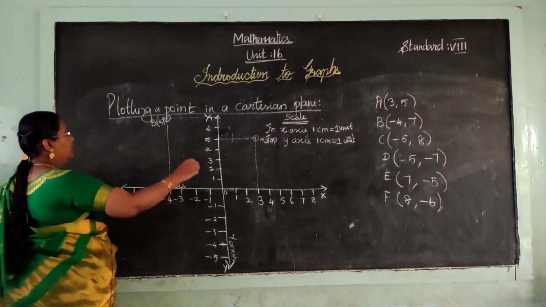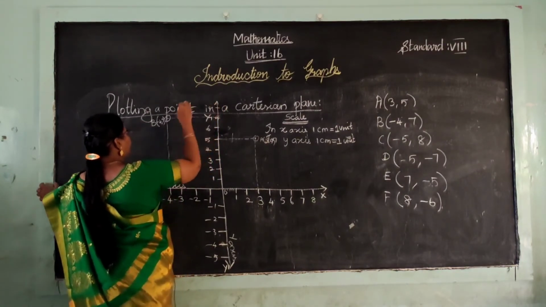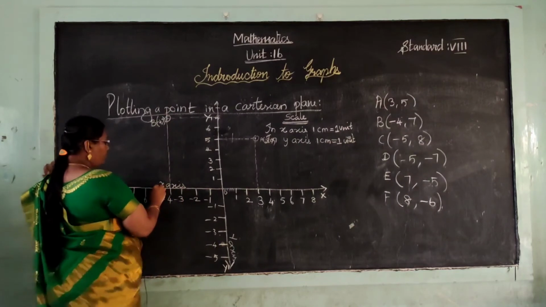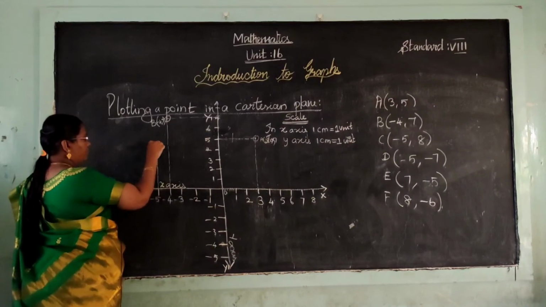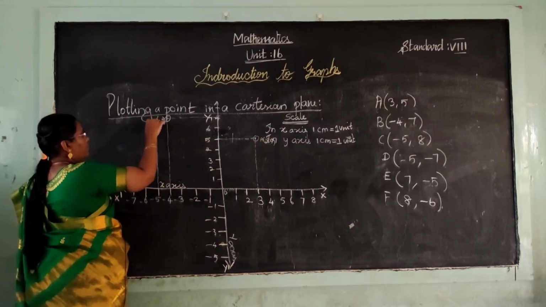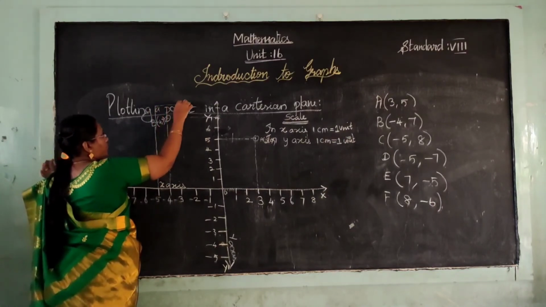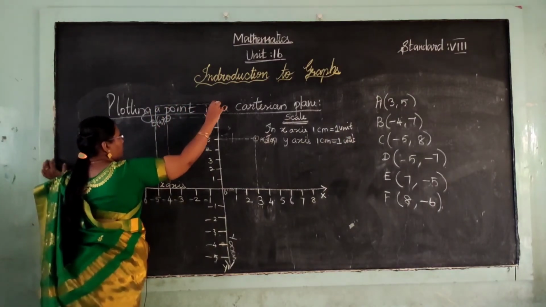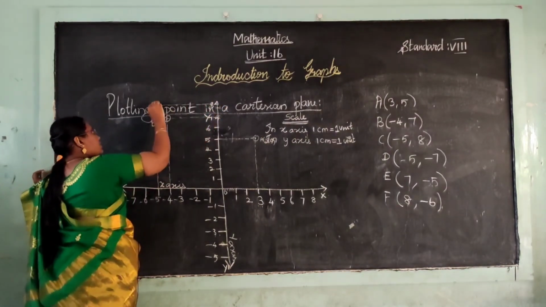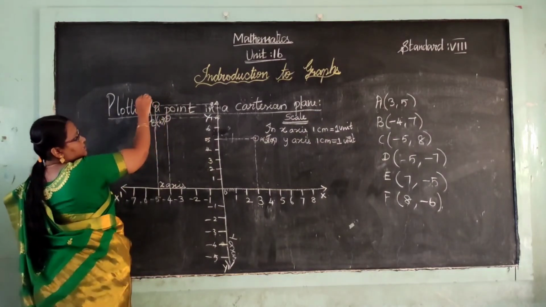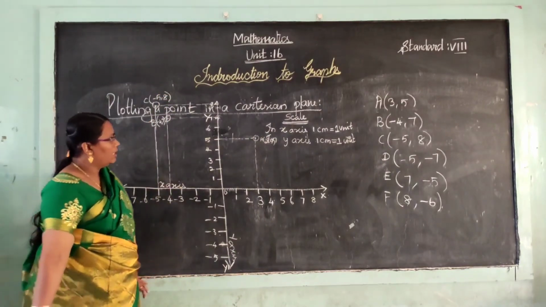So the point is plotted here in this place, from -5. So start from here. So that point is denoted by C of -5, 8.